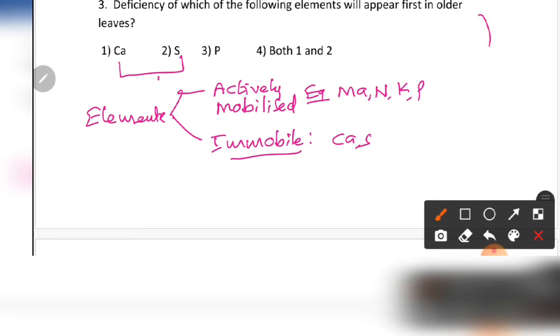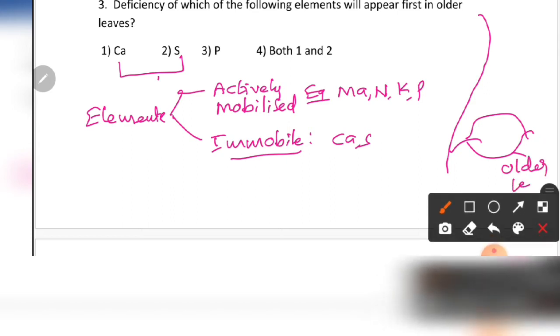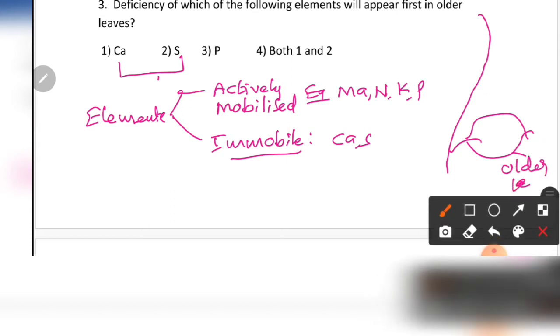This is the diagrammatic representation, the structure. This is the older leaf, and this is a younger leaf.